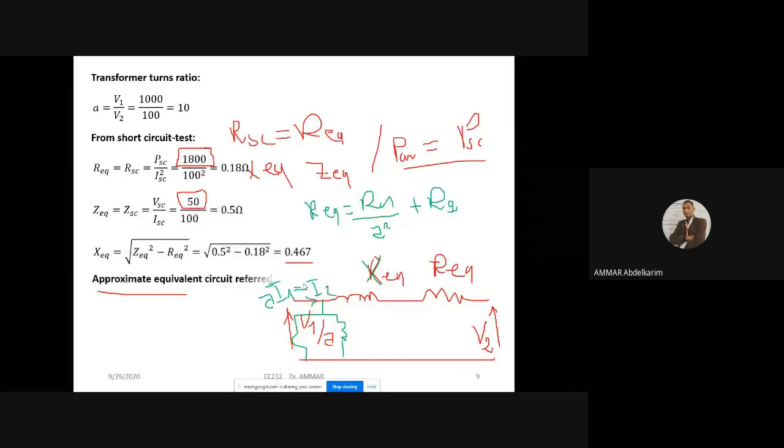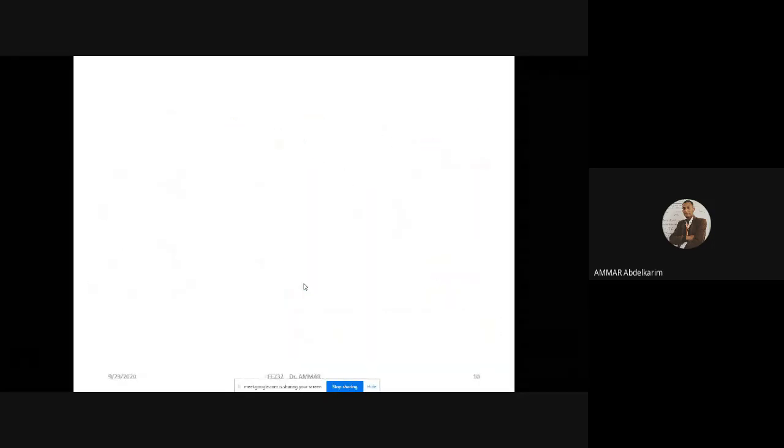So this is the calculation. Now we're talking about the voltage regulation. We said that the voltage regulation is the change delta V over V between the voltage at no load and the voltage with load. It can be calculated in the primary and in the secondary.